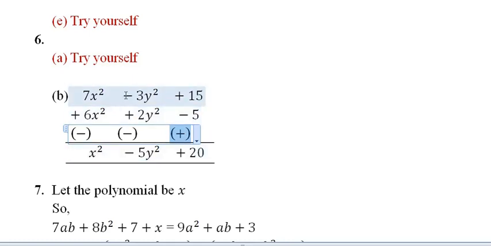Minus 3y square minus 2y square, they will be added together because minus and minus get added. So write 5y square. And 7x square minus 6x square, so 7 minus 6 will be 1. So we can ignore writing 1 out here. Simply write x square.